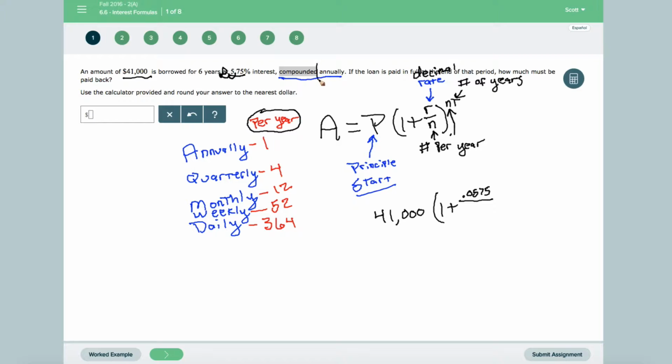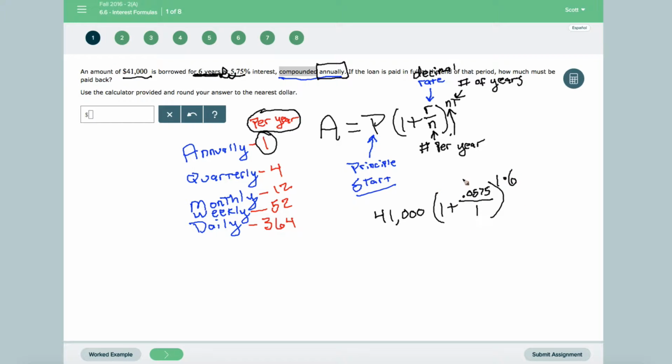It's compounded annually, so we put a 1, raised to the same number, 1. If the loan is paid off at the end of that period, how much must be paid back? It's 6 years. Okay, so times 6.